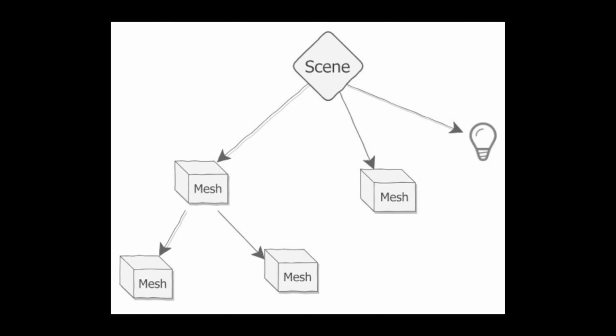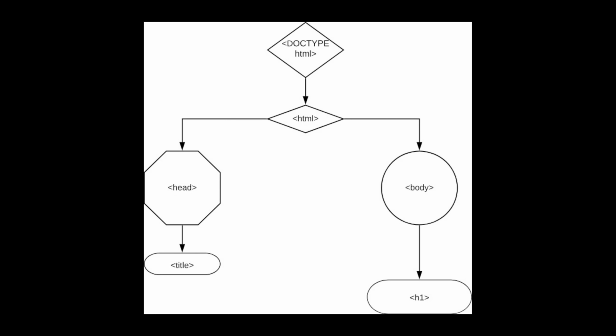Does it look familiar to you? Because this scene graph is similar to how elements on an HTML page are structured. You see, at the top, the doc type HTML, then we have the body, the head, and the divs or h1 elements. This is similar, except that the HTML page is 2D, not 3D, while the scene graph is 3D.